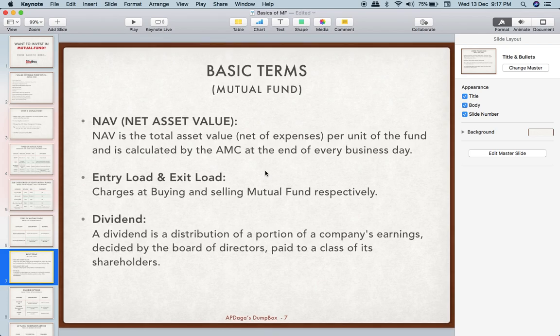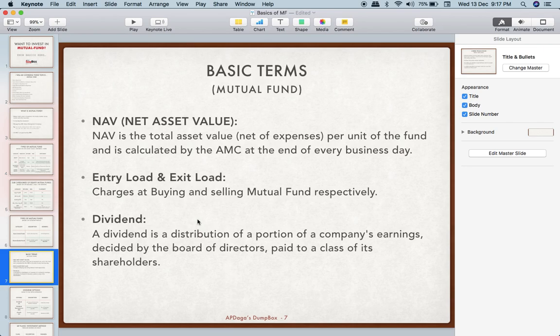Okay, there is entry load and exit load. It is nothing but the charges you have to pay at buying time and at the time of selling the mutual fund respectively. And dividend, see, dividend is a portion of the company's earnings that the company decides to distribute among its investors, then you get that dividend.